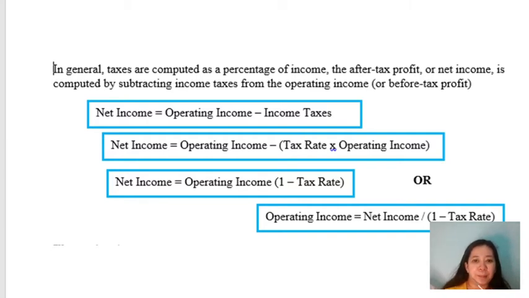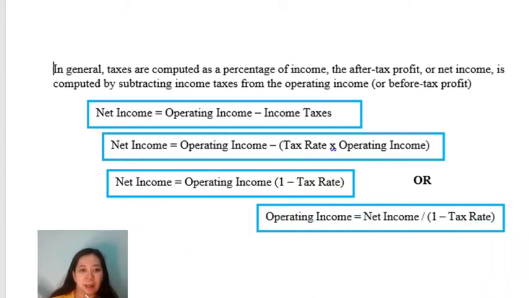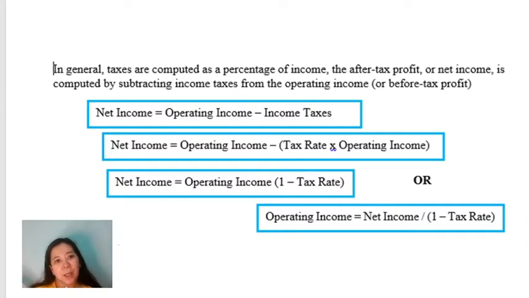So we have the following formula. In general, taxes are computed as a percentage of income as mentioned earlier. The after-tax profit or net income is computed using the following different approaches. First, net income is equal to operating income minus income taxes.